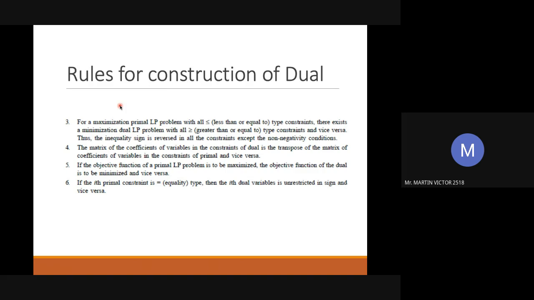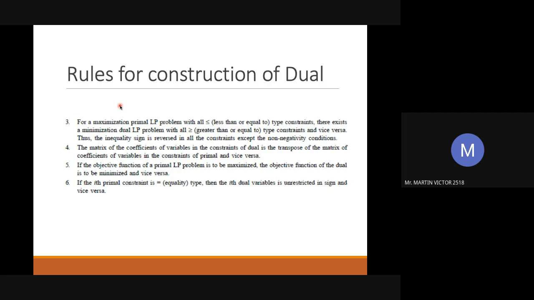Again, the matrix of the coefficient of variables in the constraints of dual is the transpose of the matrix of coefficients of the variable in the constraints of primal and vice versa.